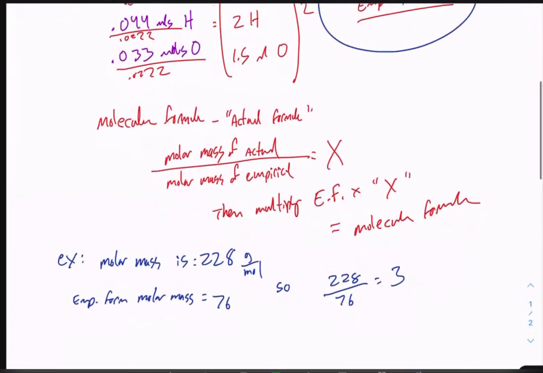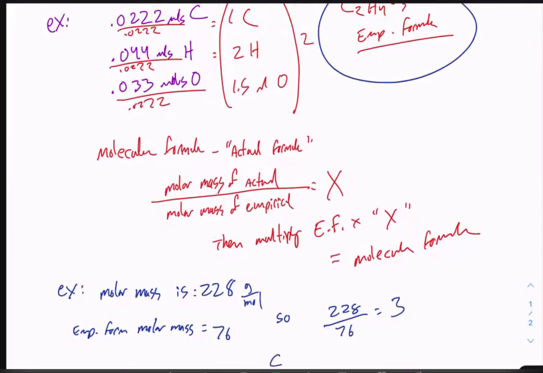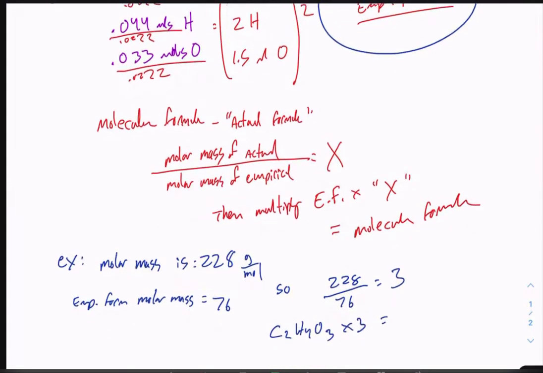So what that means then is C2H4O3 times 3 gives us the real molecular formula, which is going to be C6H12O9. Okay. The molecular formula is a multiple of the empirical formula.